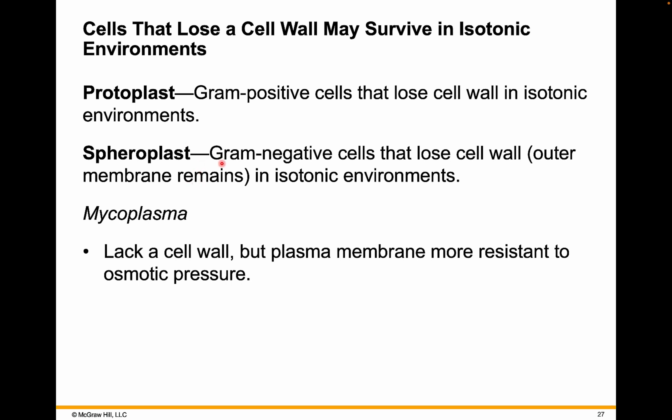Whereas if we take a gram-negative cell, we can use penicillin, which interferes with the synthesis of the thin peptidoglycan layer present in the periplasmic space. The plasma membrane will remain, and the outer LPS layer, or outer membrane, will remain as well. These are known as spheroplasts in an isotonic environment. But again, if you put spheroplasts in a hypotonic environment, they will also burst.